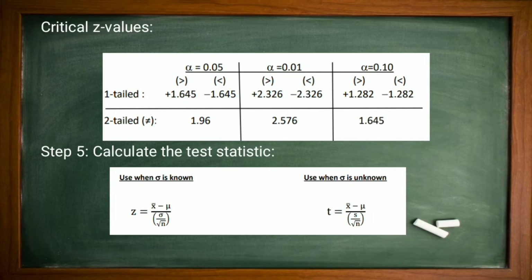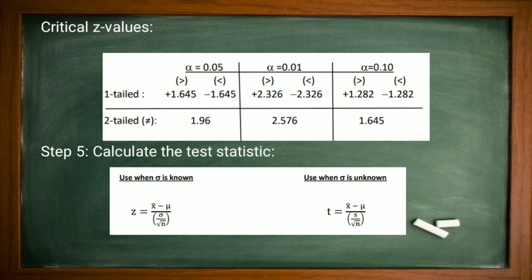Sa gitna, meron tayong 0.01 and then ang one-tailed po nila is 2.326 and negative 2.326. Sa two-tailed po is 2.576.